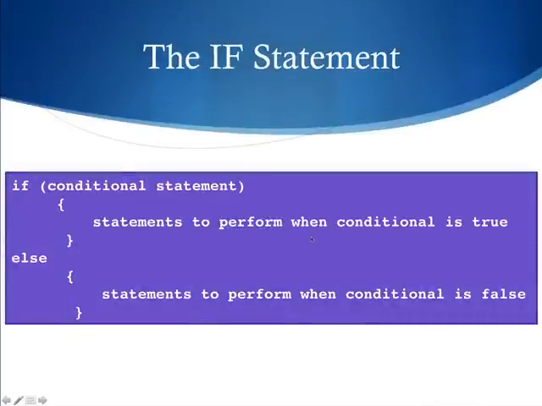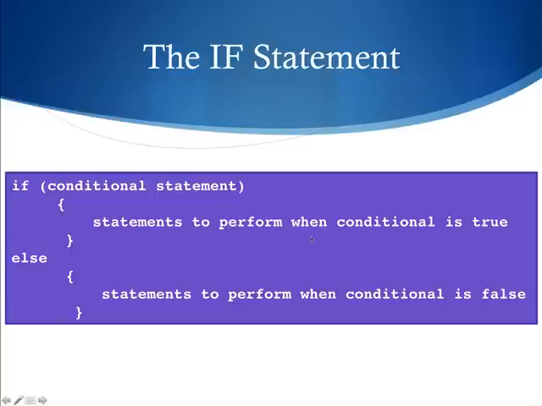Let's take a look at an example of the if statement. This is sort of an anatomy and physiology look at the if statement. You have the keyword if. Then you have a set of parentheses. Inside that set of parentheses is the thing you want to test. It's your statement that results in true or false.